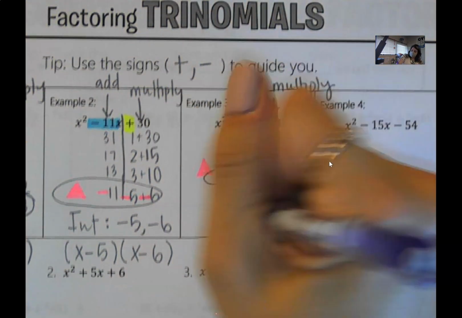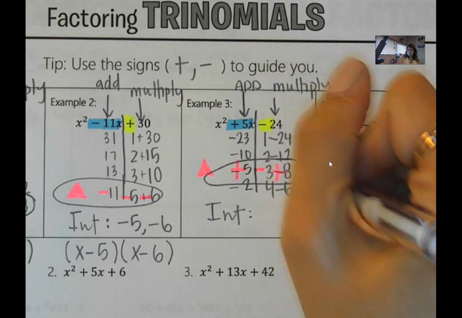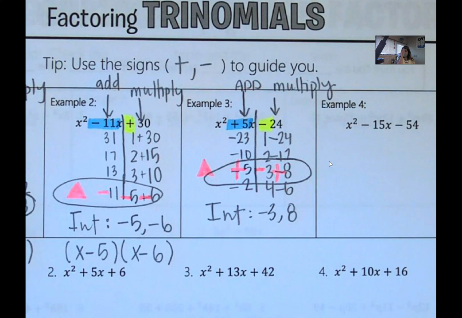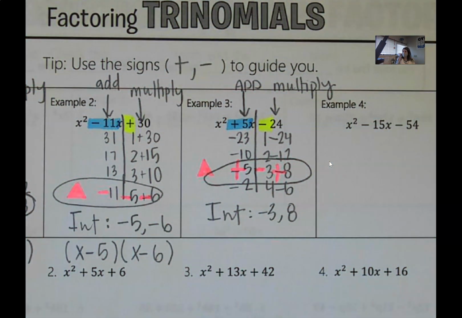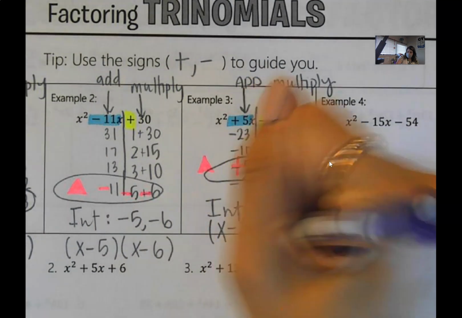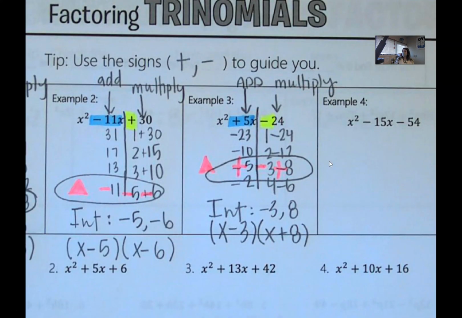So if the problem asks me for the integers, I would put negative 3, comma 8, or vice versa. You can do 8, comma negative 3. If it asks you for the factors, you're going to do x minus 3, x plus 8. Is this making sense so far?